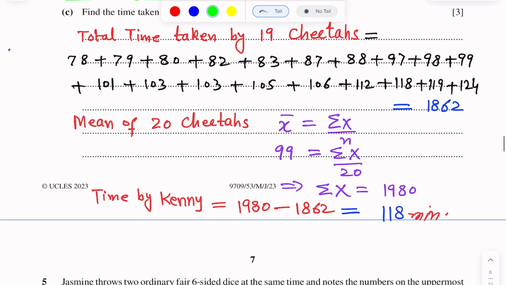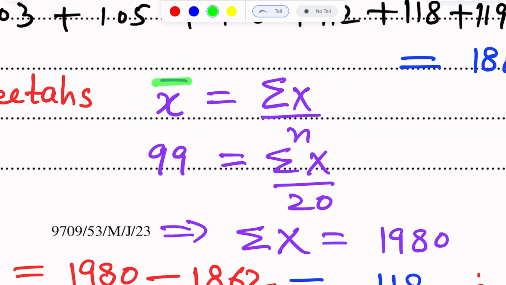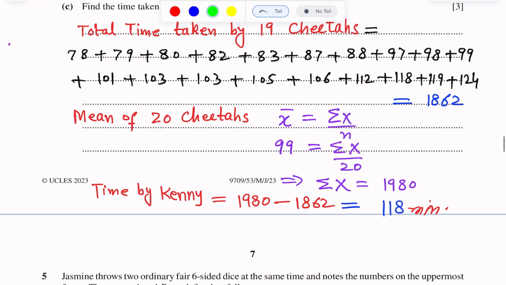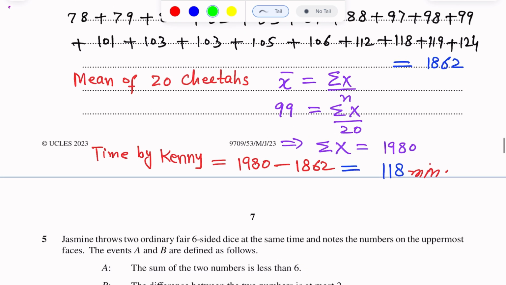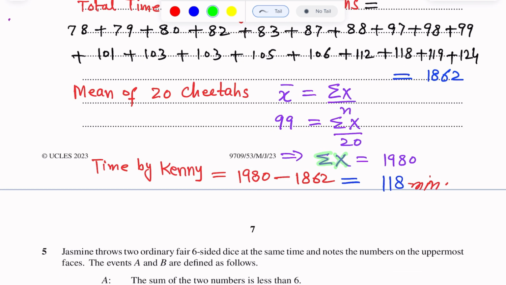Now we will use the mean formula: x bar, which shows the mean, is equal to summation x over n. The mean is given in the question, that is 99 minutes. Putting in the value, the mean is 99, and the total number of cyclists is 20. Now we will find summation x, which shows the sum of the time of 20 cyclists, that we get 1980.